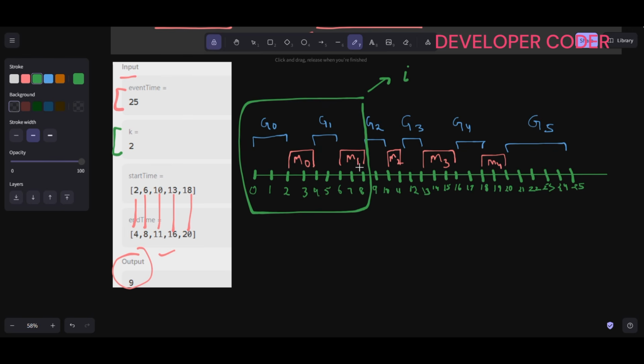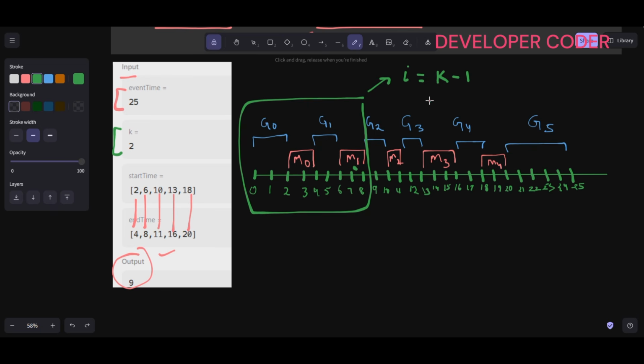Here for m1, my i shows nothing but the ending point of the current meeting number 1. So I can say i is equal to k minus 1, right? k is 2, so 2 minus 1, I'm getting 1, and 1 is nothing but this meeting 1. Okay, so first this.